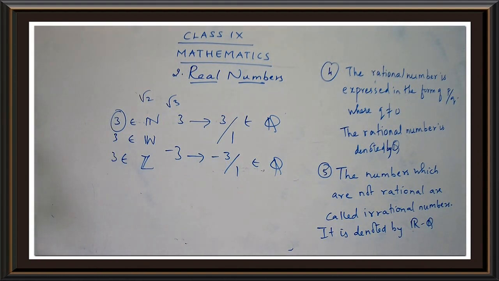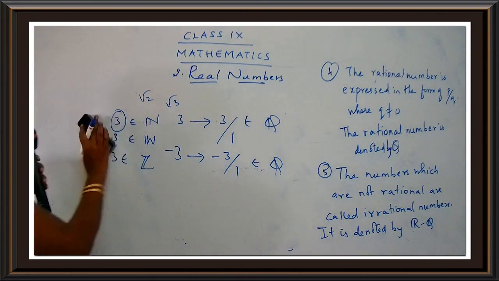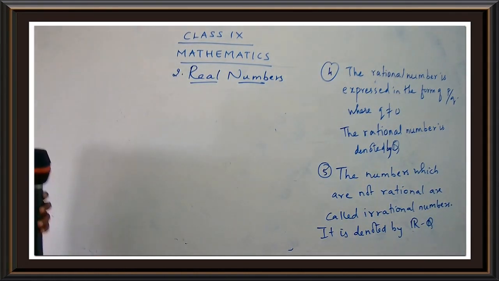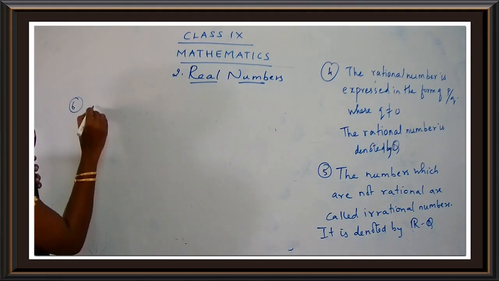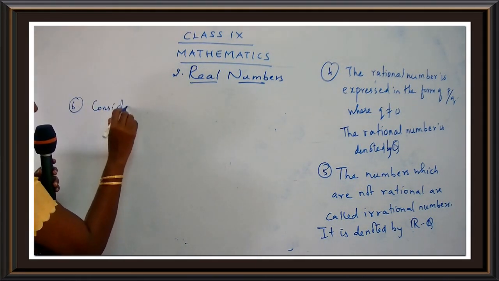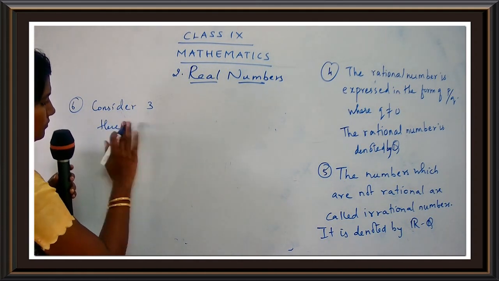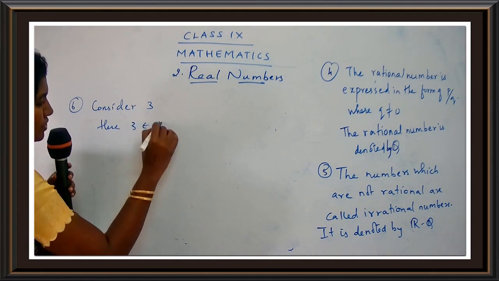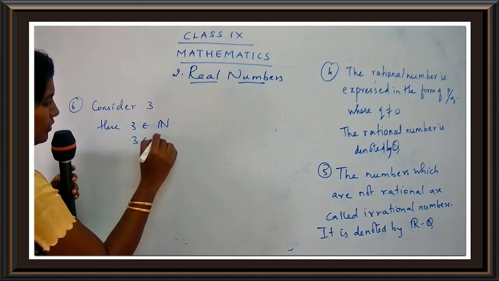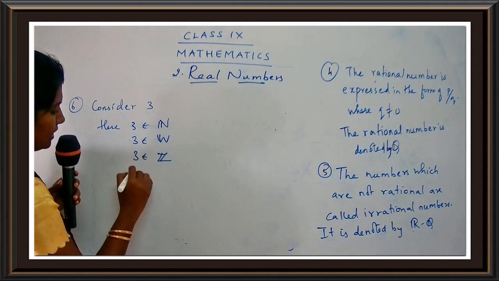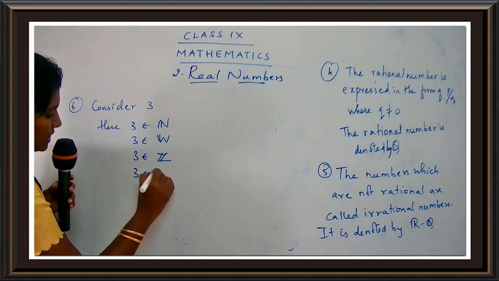Okay, children? So, just have a small explanation over here. Write down point number 6. Consider 3. Here 3 belongs to natural numbers, 3 belongs to whole numbers, 3 belongs to integers, and 3 belongs to rational numbers.